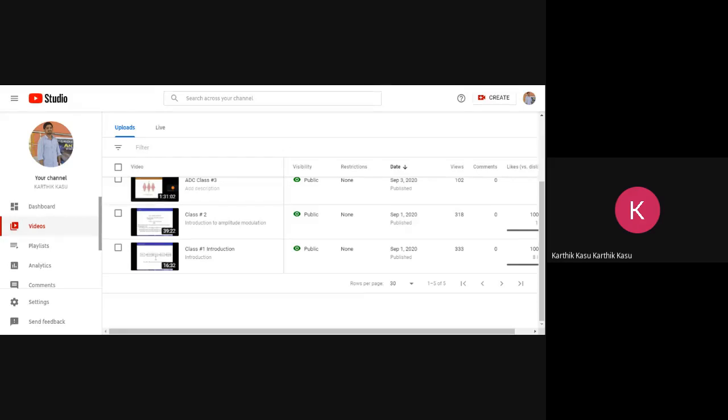That is done by a device called an envelope detector. This ED works if and only if mu is less than or equal to 1. What is mu? Modulation index. Whenever mu is less than or equal to 1, only then can we get the envelope of this signal.